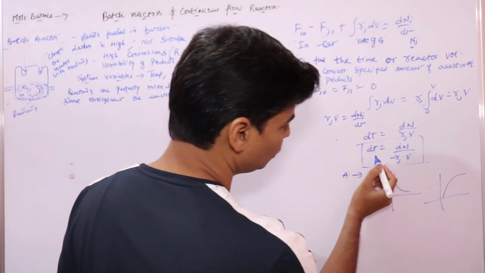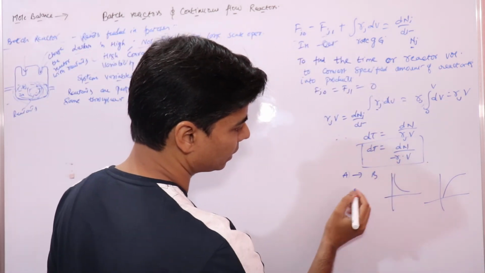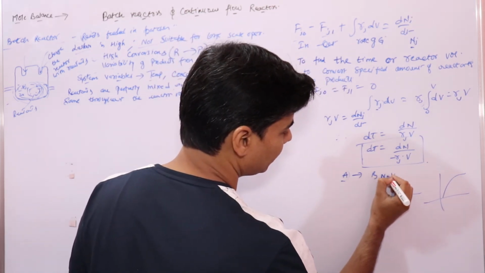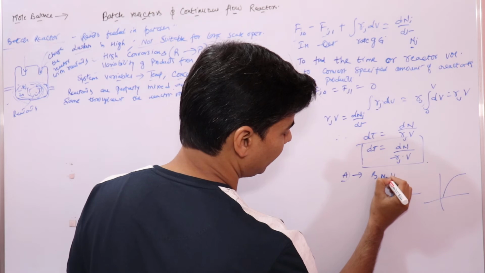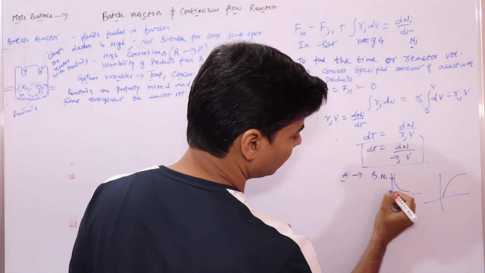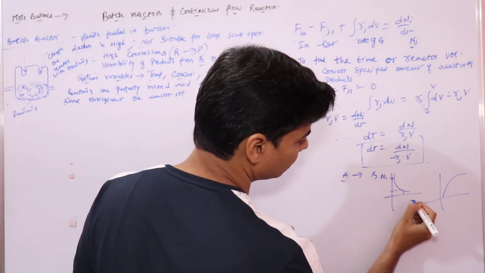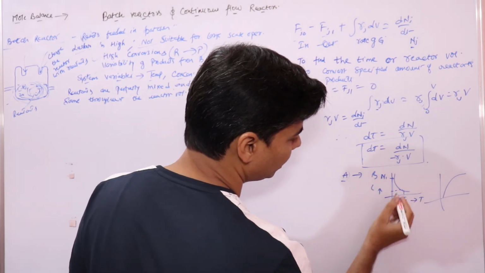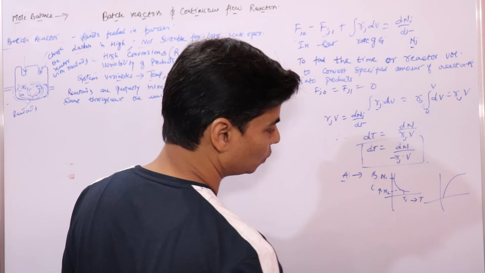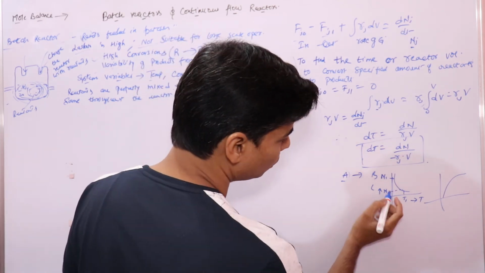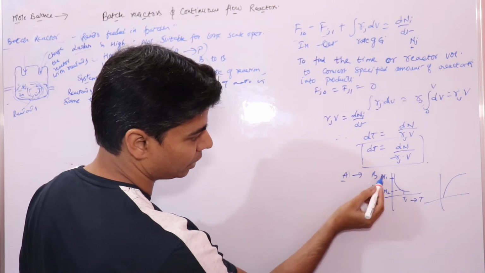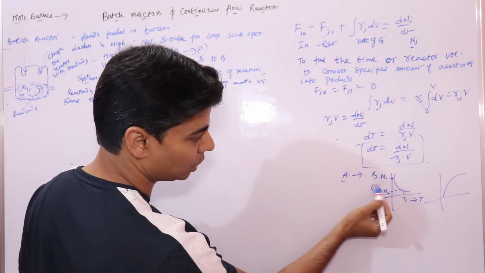If the initial concentration of A is N1, and at time t1 the concentration is N2, how much time will it take for the concentration of A to go from N1 to N2?